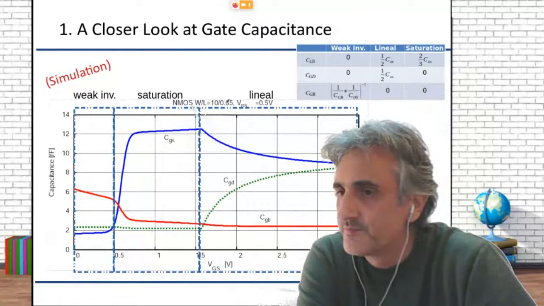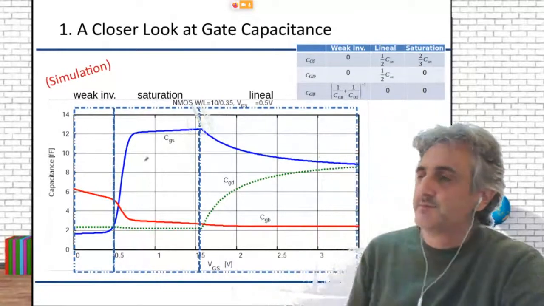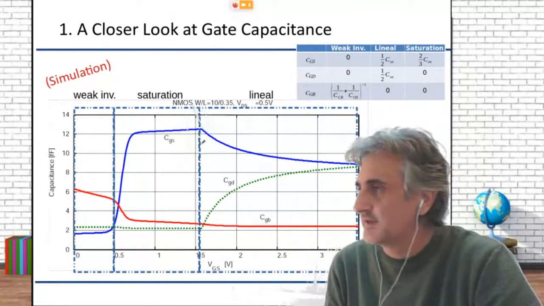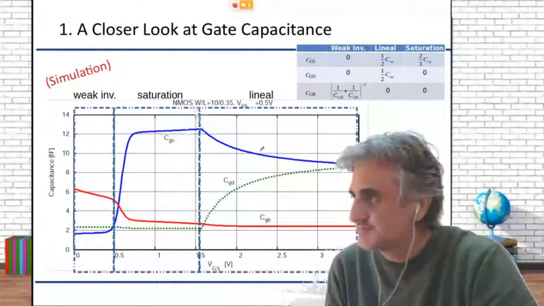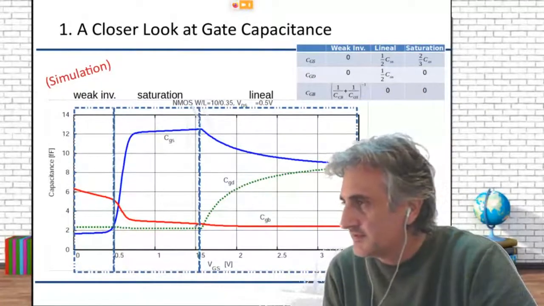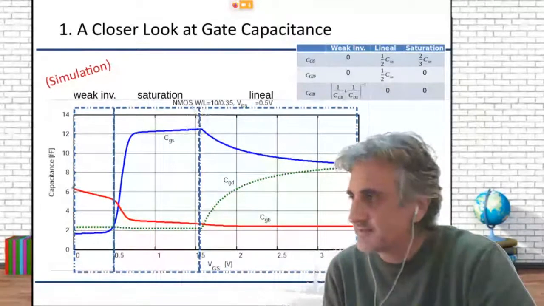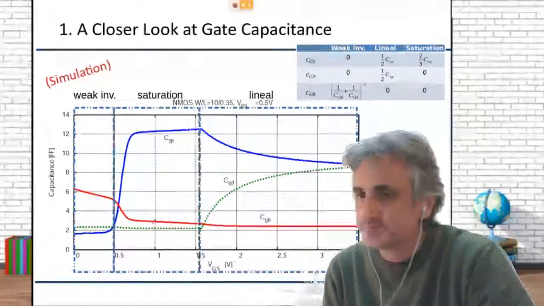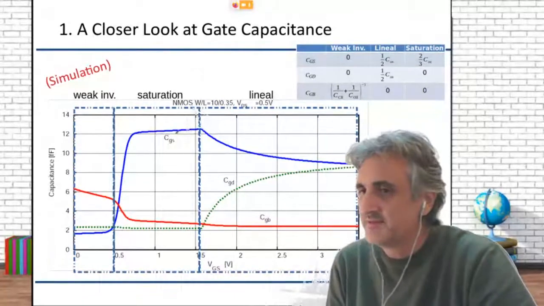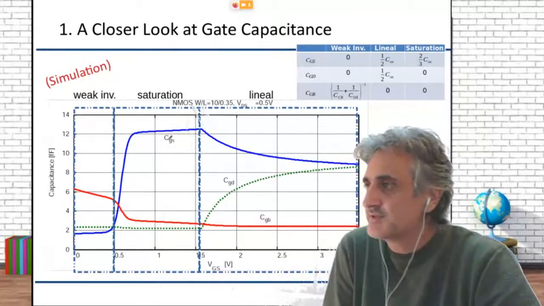In blue is the gate source capacitance. The green one is the capacitance between gate and drain, and the red is the gate to bulk capacitance. As you can see, they are not constant.